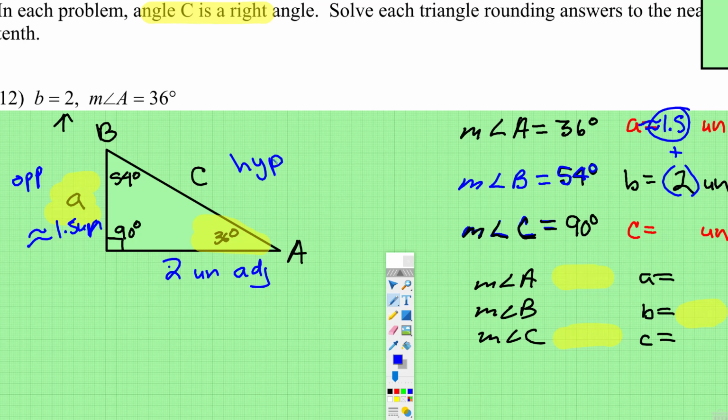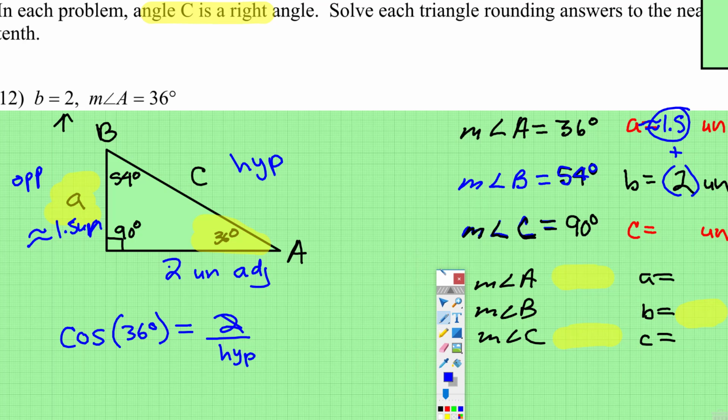So adjacent and hypotenuse, well, that's cosine. So cosine of 36 degrees is adjacent over hypotenuse. Uh-oh, now look at the hypotenuse.